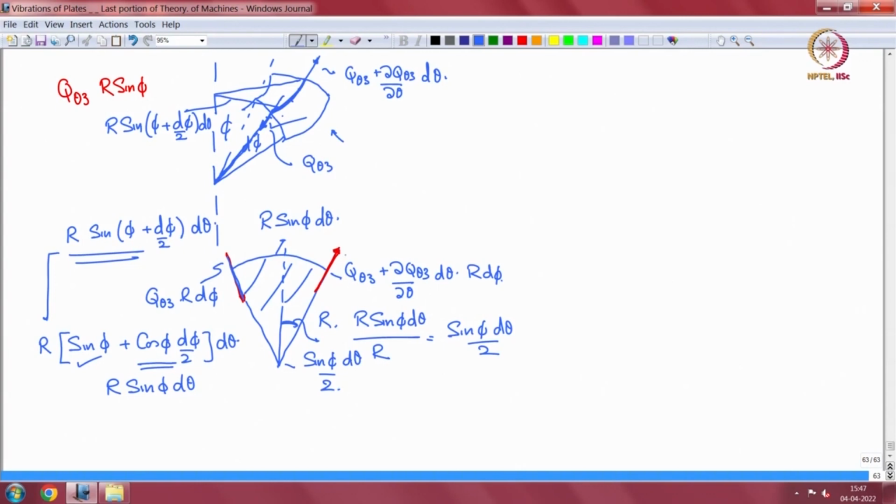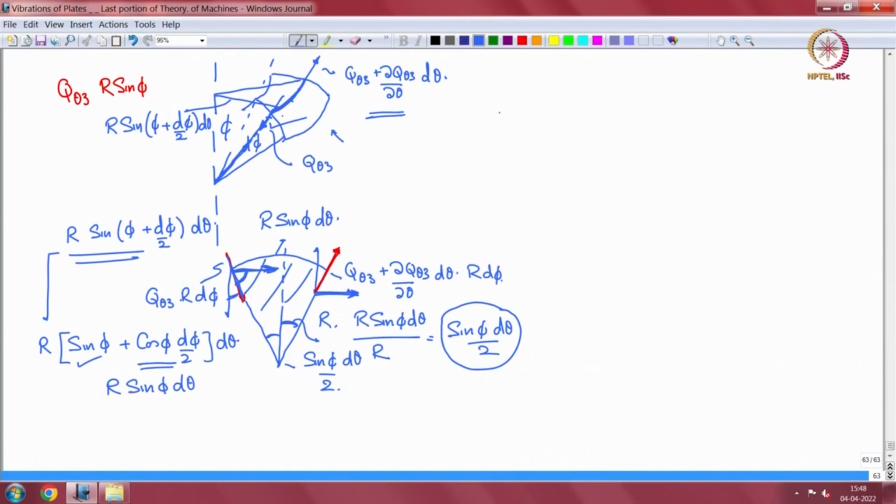Now I would like the component of this force in the theta direction. If I break this also up, this is what I want and this is what I want, and both are adding in the same direction. If this is alpha, this is 90 minus alpha, so I am looking at sin of alpha, and being a small angle, it is alpha itself.